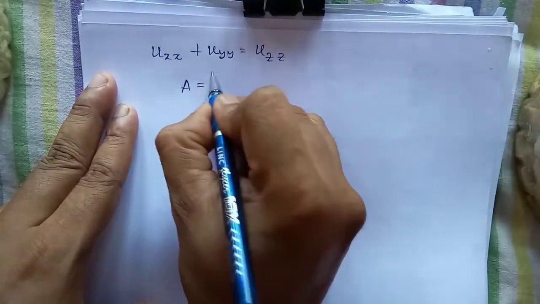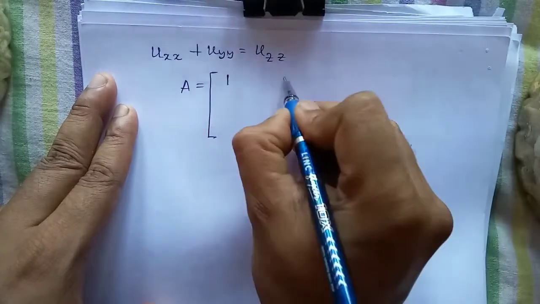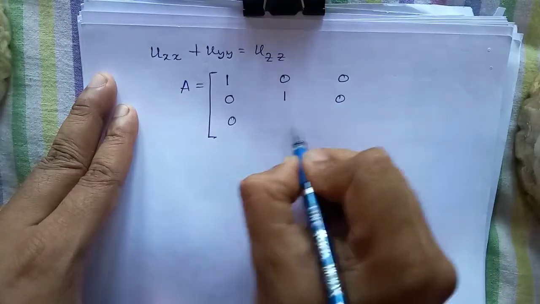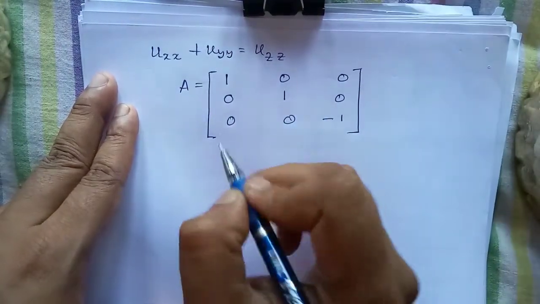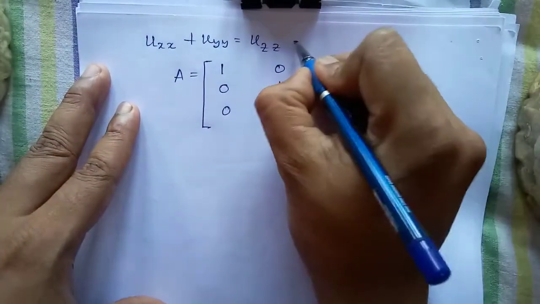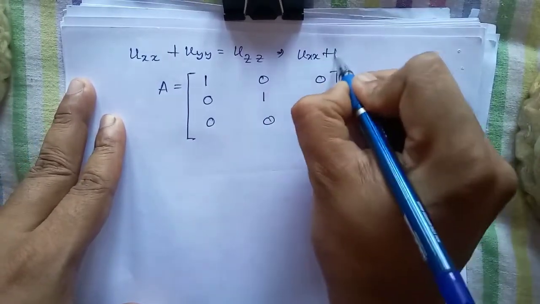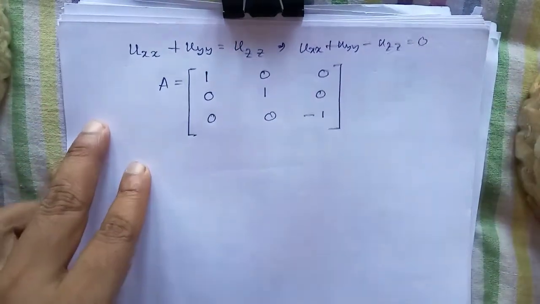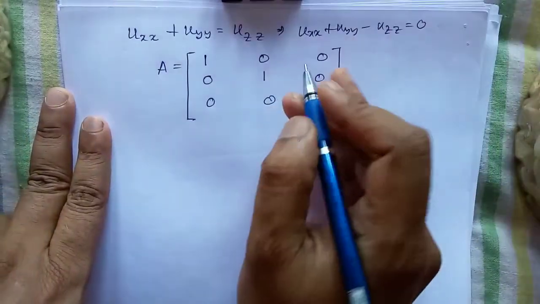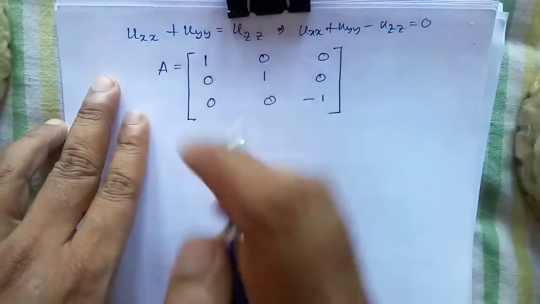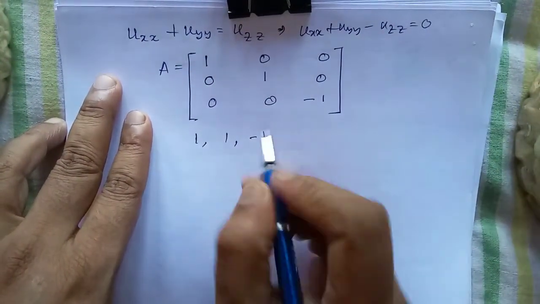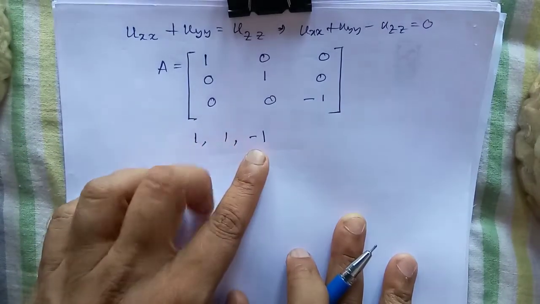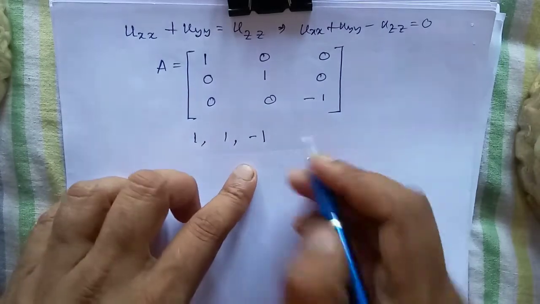So your capital A is equal to 1 0 0, 0 1 0, 0 0 minus 1, because you can actually write it as uxx plus uyy minus uzz is equal to 0. The eigenvalues of this particular matrix are 1, 1, minus 1, isn't it? So we find that all the signs are the same except 1, so this will be a hyperbolic one.